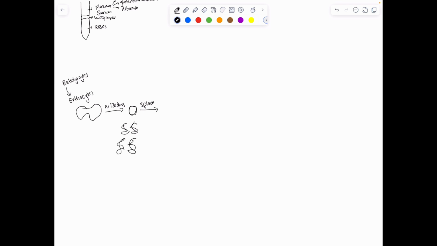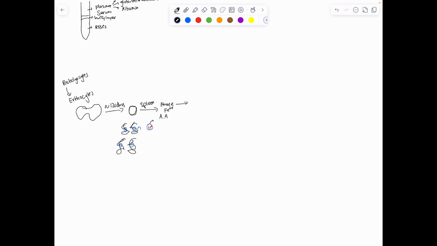We have what we call the heme group, and if we blow it up, our heme has iron in the middle of it. When it's getting broken down in here, we have our heme, iron, and then there's also amino acids.